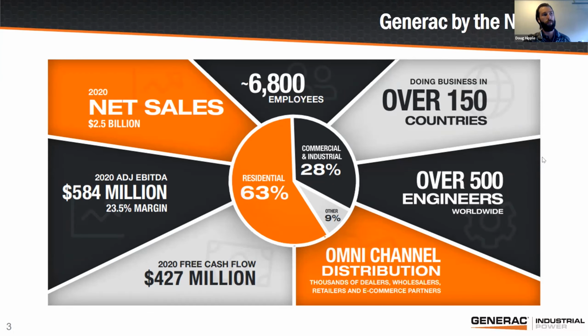And then we also have a very large commercial generator offering, which is what we'll talk through today. That's where a lot of the natural gas solutions that go into the ag and water pump community fall, as well as the microgrid community.